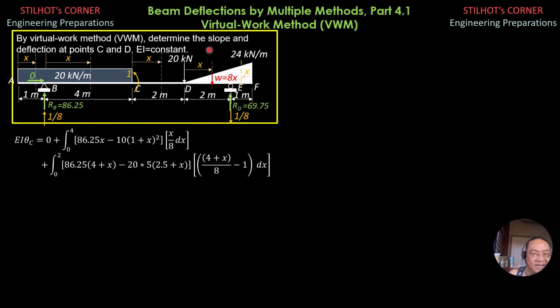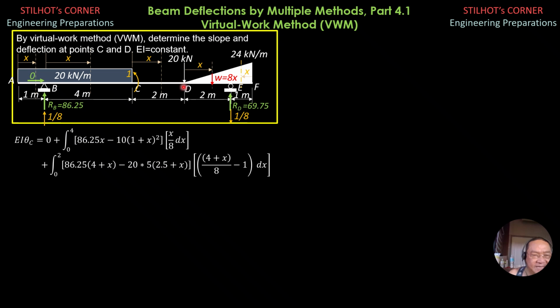Then for the next section, when we shift to this section here, the integral is 0 again because there's no moment due to the virtual load, considering the right, of course.